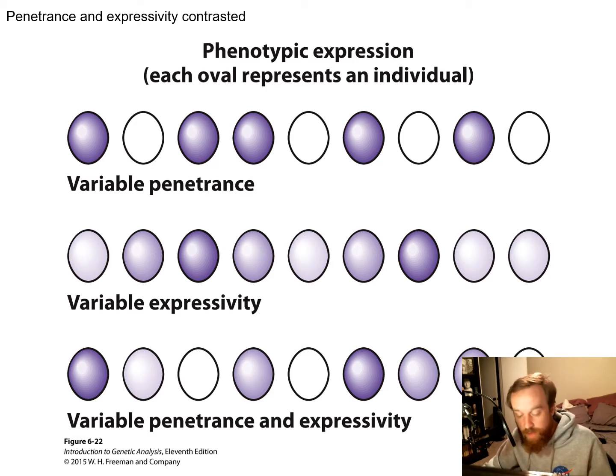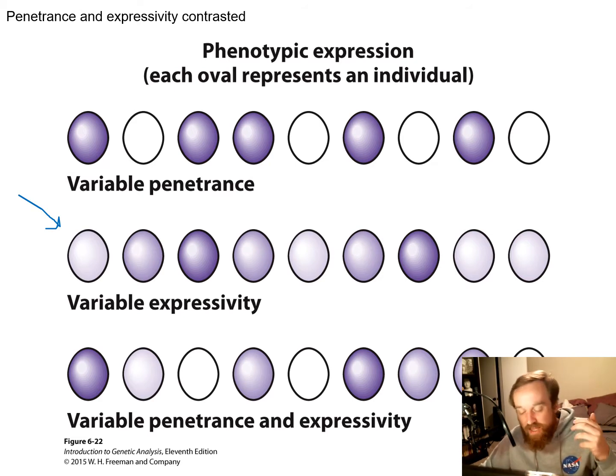Or variable penetrance. Now, variable expressivity is the degree. So penetrance is yes or no, it's binary. You either show it or you don't. Now variable expressivity is how bad you show it, right? And so if I have this bald example again, people might not say that I have variable penetrance because my dad's got very little hair, and I know that baldness isn't a single gene thing, but use it for this example.